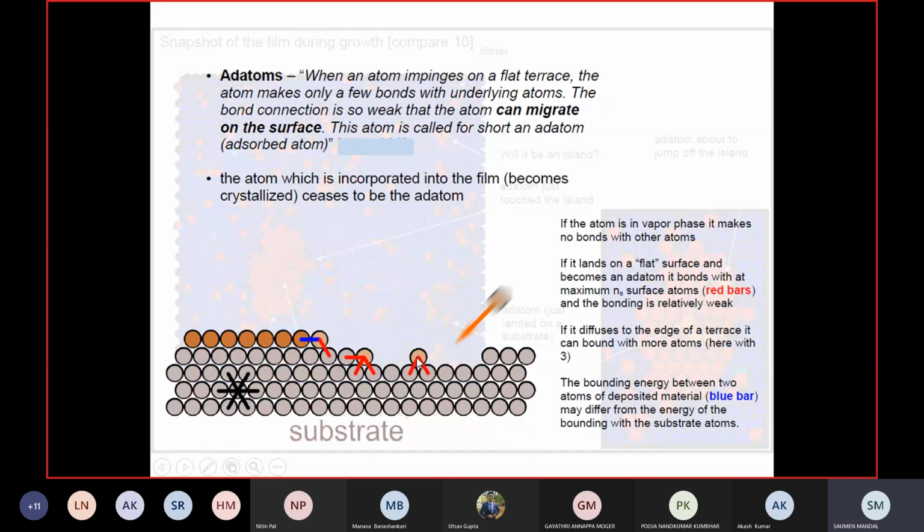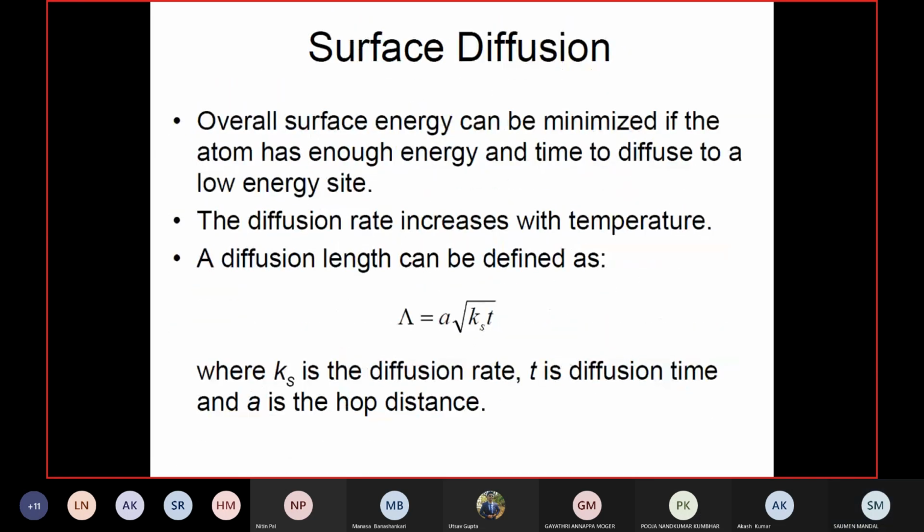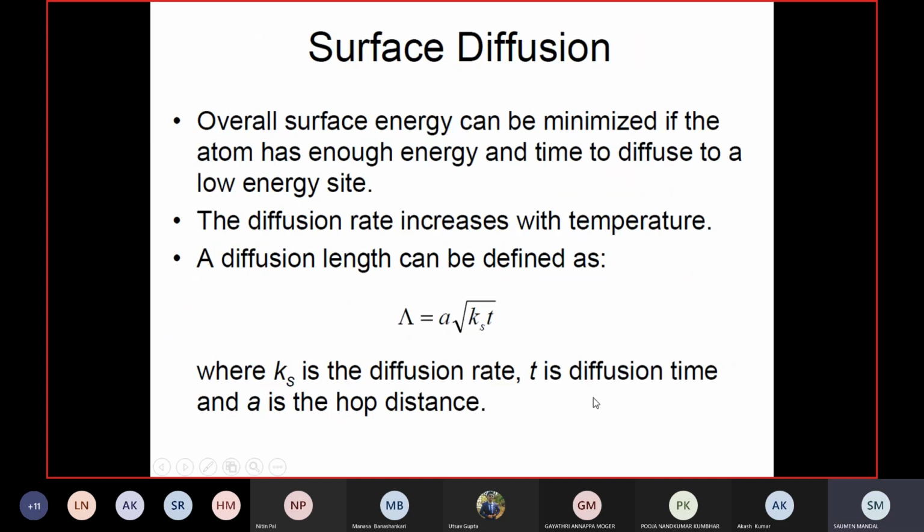So it is changing its position here, here, here. This movement we call a frog jump, which is called hopping. That's why it's called hop distance. So this is clear. The diffusion length we can calculate by the hop distance and root over Ks T, where Ks is the diffusion rate and T is the time.